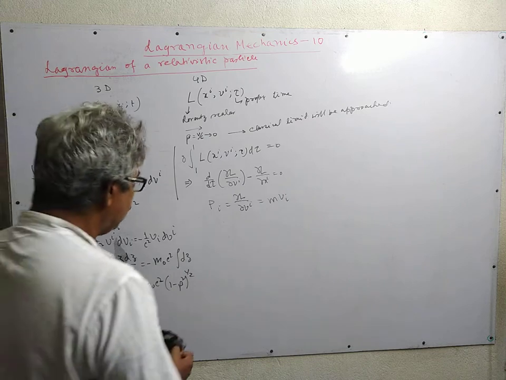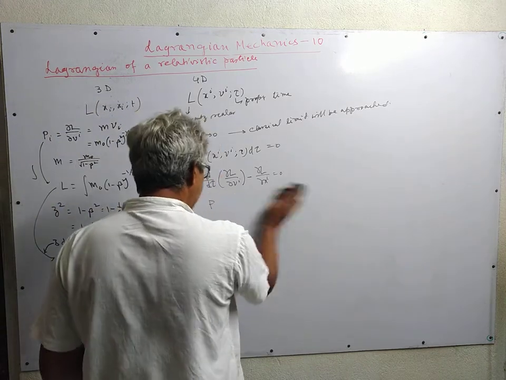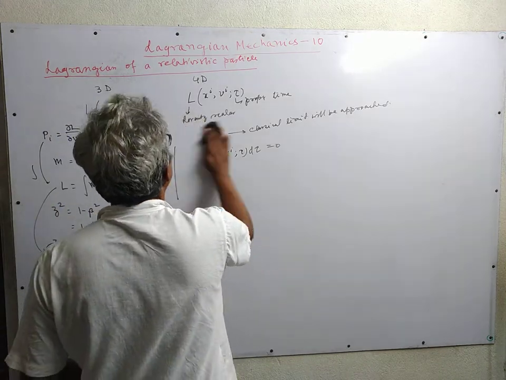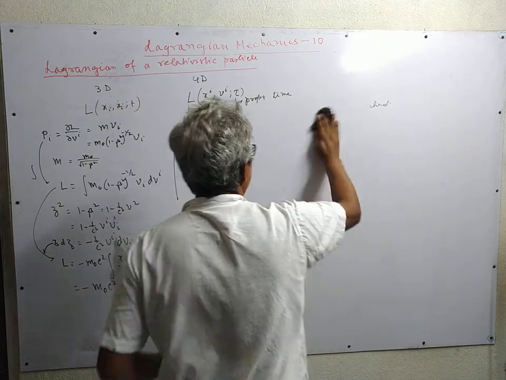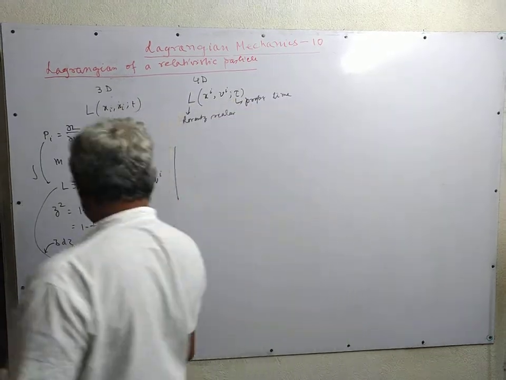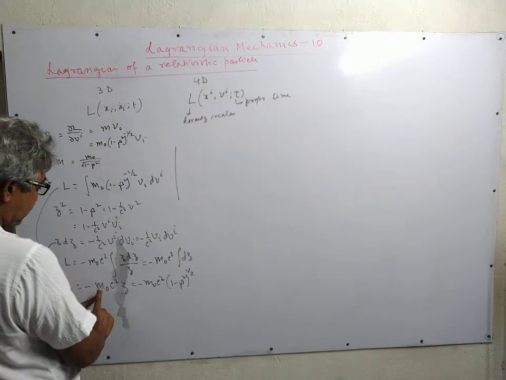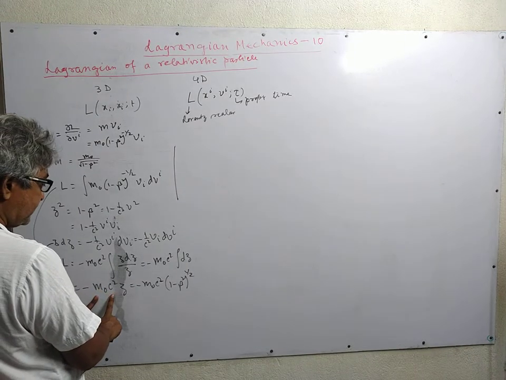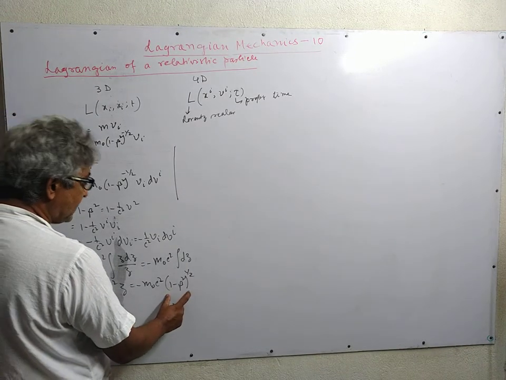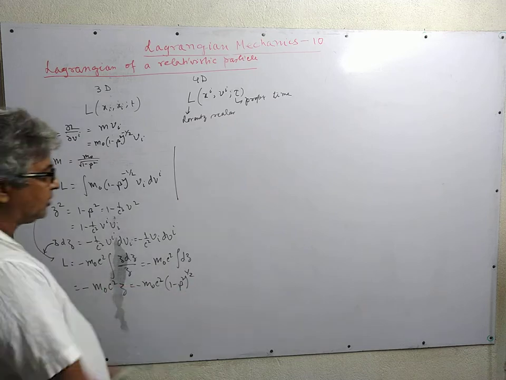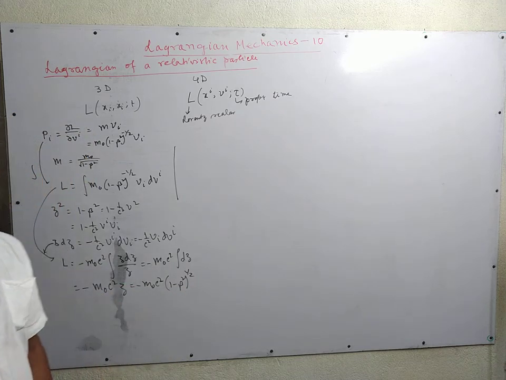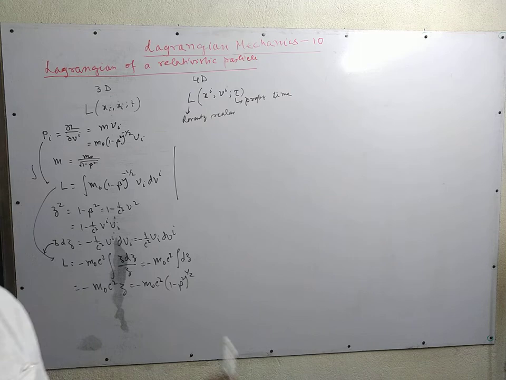So let me check whether the basic two requirements are being satisfied or not. The quantities involved, m0, the rest mass, is a Lorentz scalar, c² is a Lorentz scalar, and this quantity is a Lorentz scalar, so the product of three Lorentz scalars is again a Lorentz scalar. So L is indeed a Lorentz scalar.